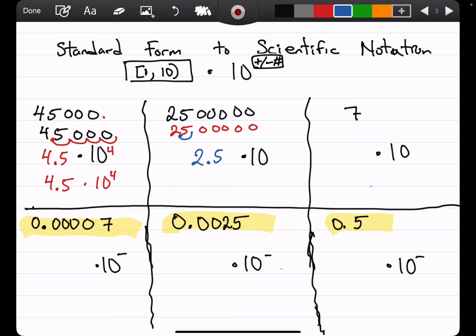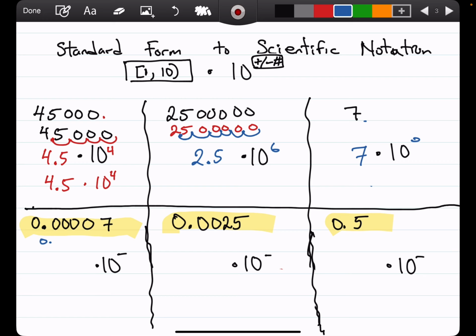Let's count together. 1, 2, 3, 4, 5, 6. This one is just 7. It's 7 already between 1 and 10. I don't have to move the decimal point. And this is how we write standard form to scientific notation.